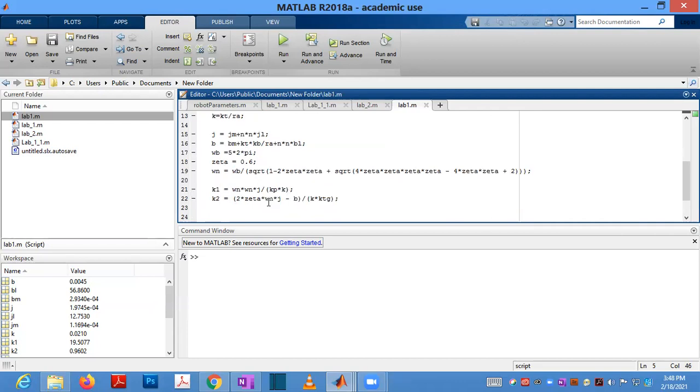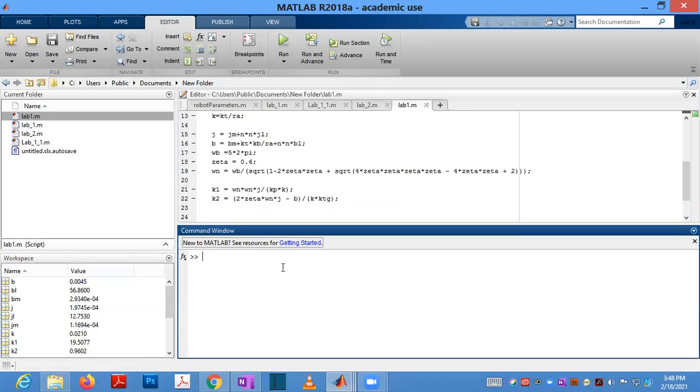So K1 is 19.5. K2 is 0.9538. Omega n is 27.36. Okay, fine. K1 is this one, K2 is this one, and omega n is this one.